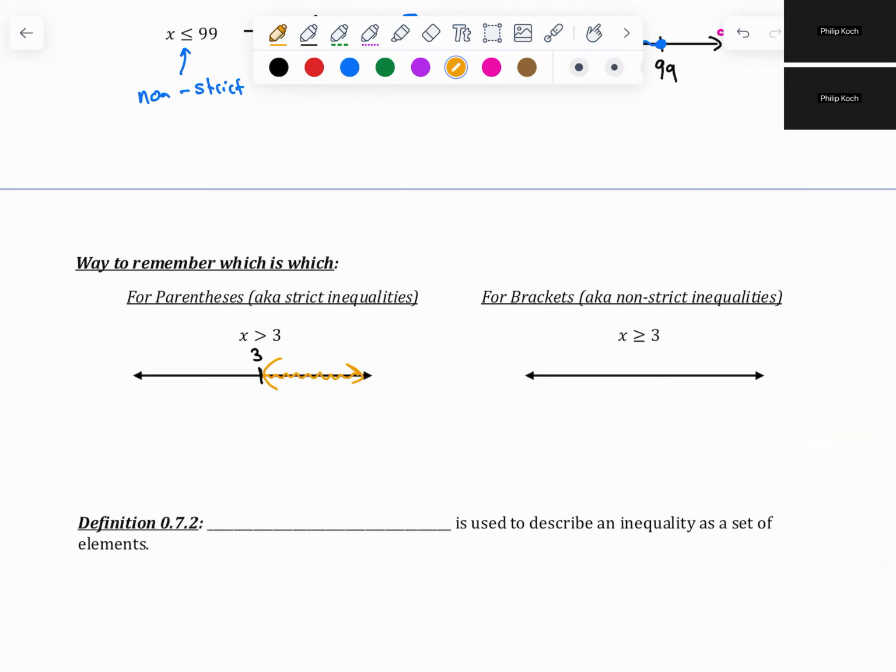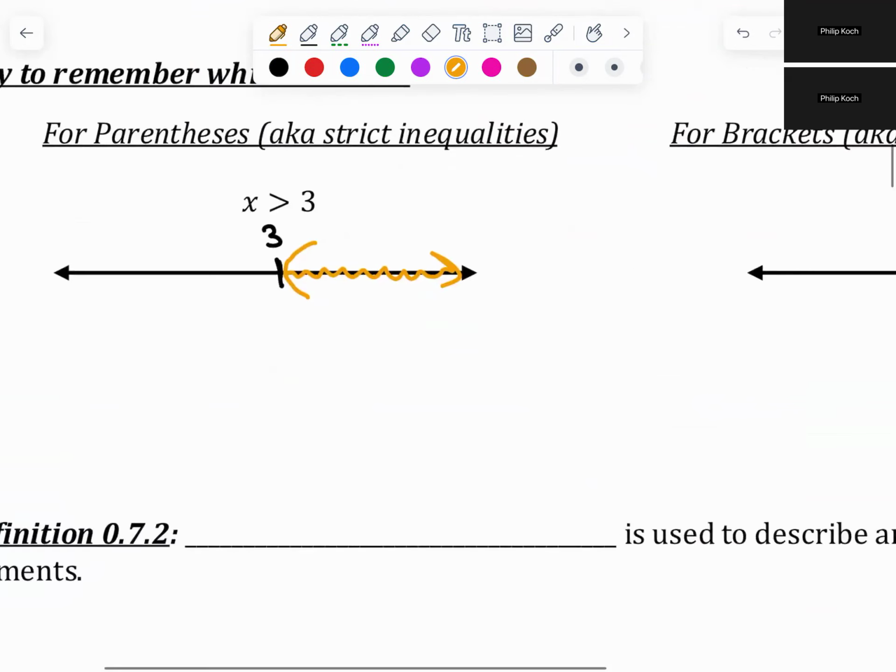And so zooming in on this, it barely touches x equals 3. So we don't include it because it just lightly touches it and moves on. It can't be included.